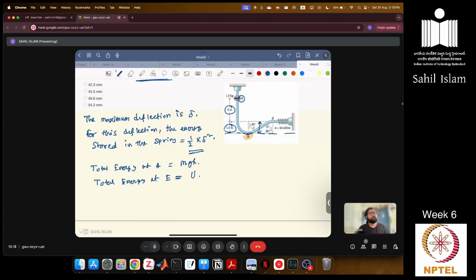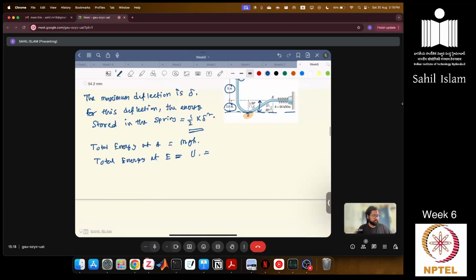Now you can have half mv square plus some elevation, so I can write half mv square plus mgh2. Let's say this is h2. Now v square we don't know. The trick is you can actually calculate v square by equating with mgh, but you don't have to calculate it. Why?